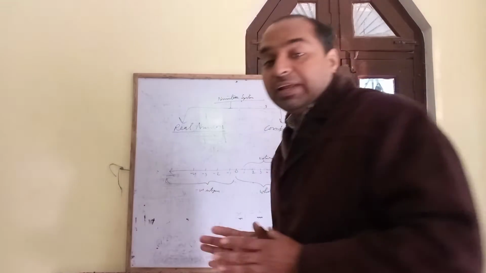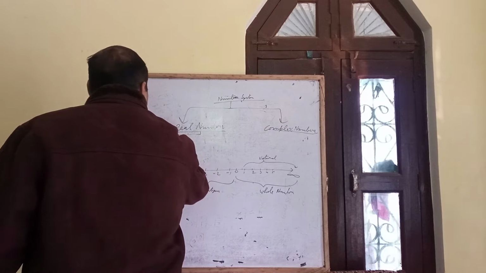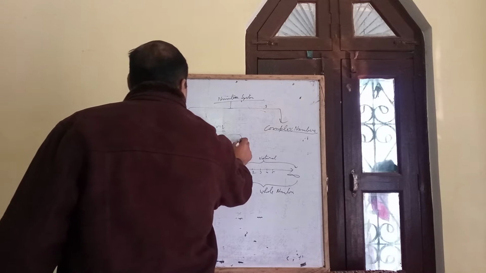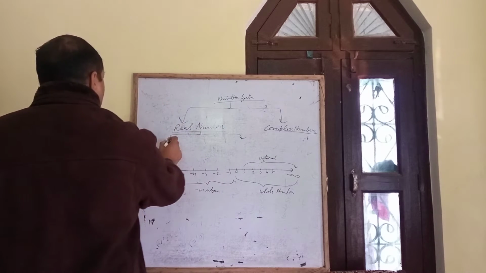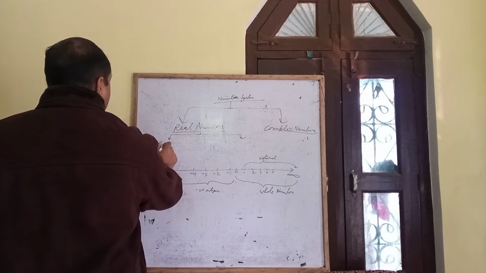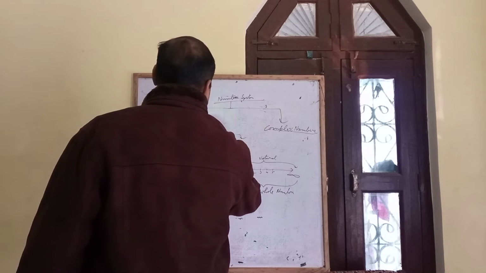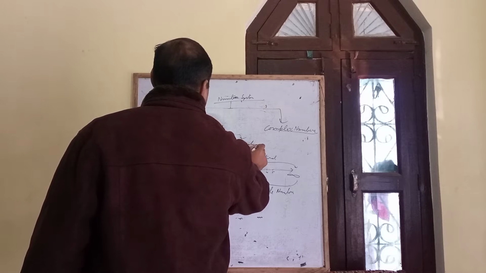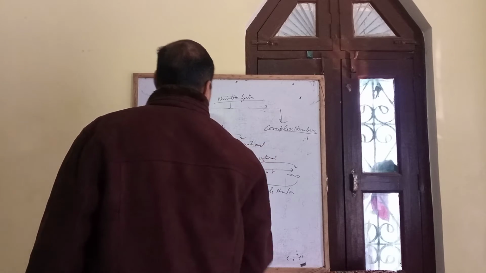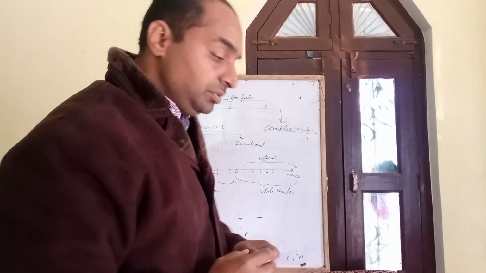Now, real numbers can also be differentiated into two broad types. What are those? Let us see here. The first type is rational, and the second one is irrational numbers.